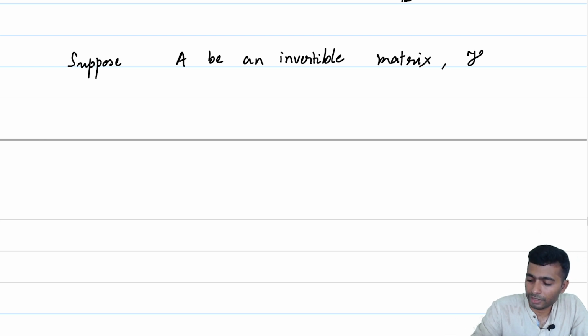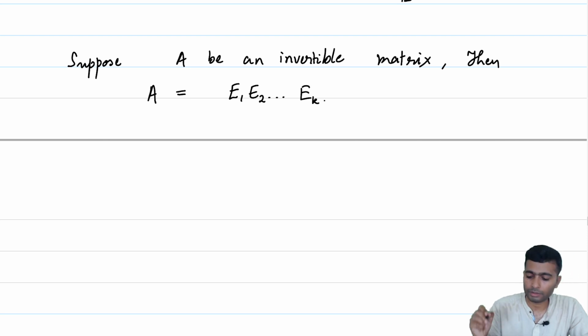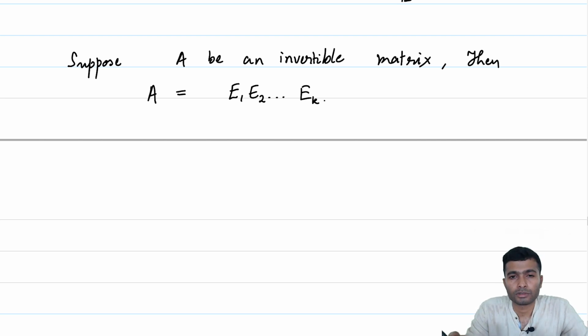Then by what we just proved, A can be written as E1, E2 up to say Ek, right. It is a product of elementary matrices. If you take an elementary matrix and look at its inverse, what we get back is also an elementary matrix.